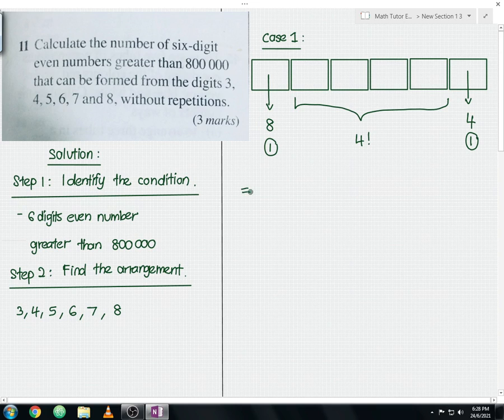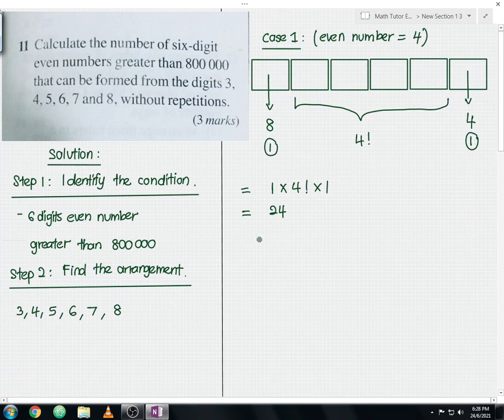From case 1, to calculate it, you do 1 times 4 factorial and then times 1 again. So 1 times 4 factorial times 1. You calculate this and you should get case 1 equals 24. This case 1 is where your even number equals 4.